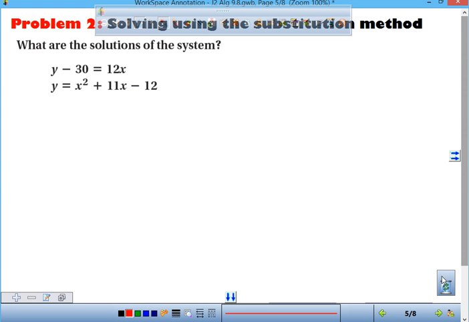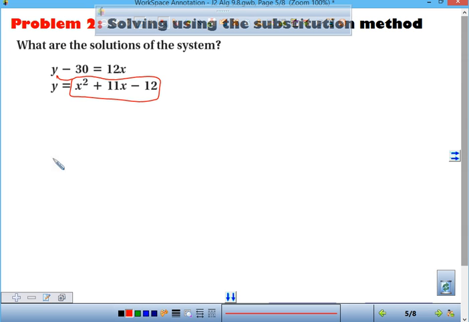Then we also solved by substitution. What did we have to have when we solved by substitution? One of the variables alone. It doesn't matter which one, but in this case you're going to want y because we're working with x squared. So get y by itself, and then substitute it into the other equation for y. I'm going to box this and substitute it for y in that first equation.